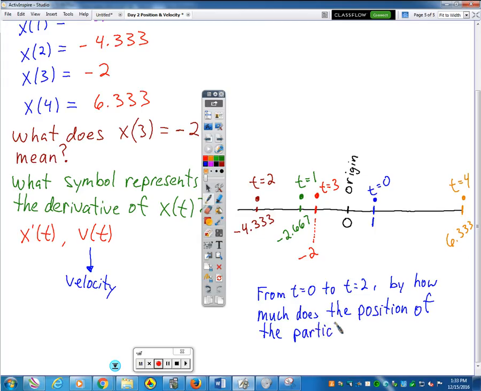By how much does the position of the particle change? That word, it's a key word. It shows up on the AP test regularly. They'll want to know the change in the position of the particle.